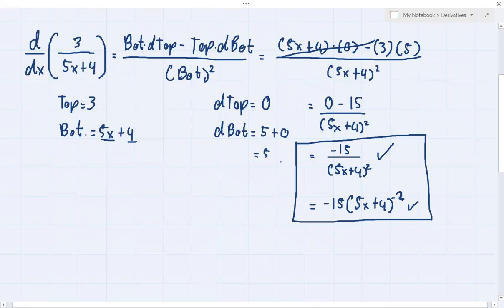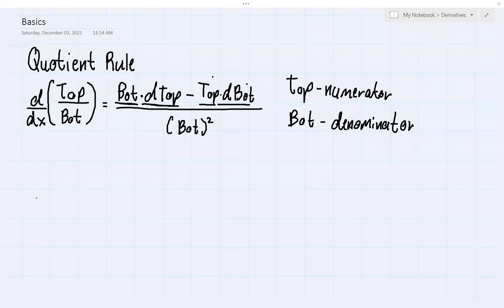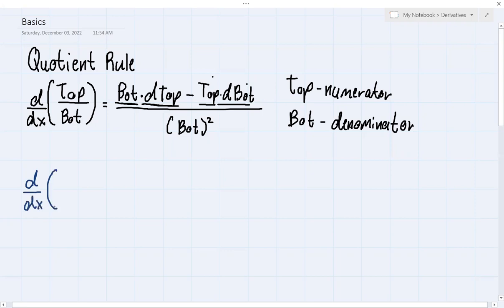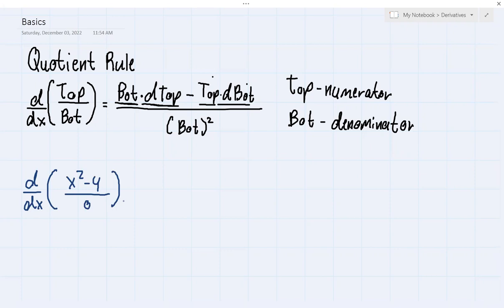Now, let's proceed to another example naman tayo. Kapag meron tayong ganito, the derivative of x squared minus 4 all over 0. Do you think we can use quotient rule to find the answer for this one?